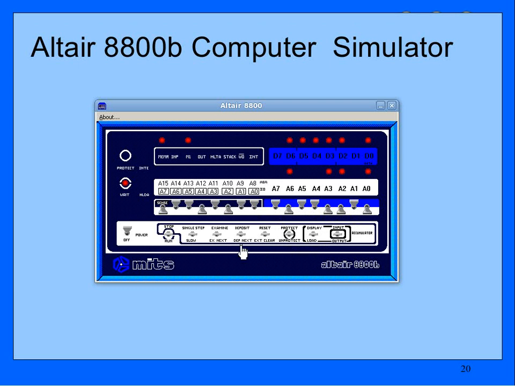And then I would tell it to deposit the byte into a particular location. And then that would be placed in that location. Then I have to do that for each individual byte. So it was very tedious. You'd have to toggle in every single byte into the program.